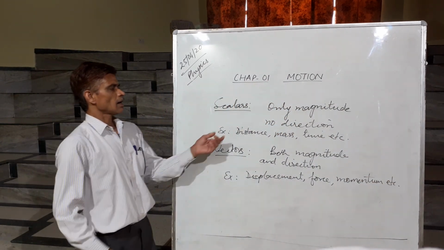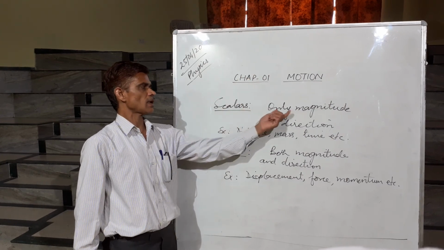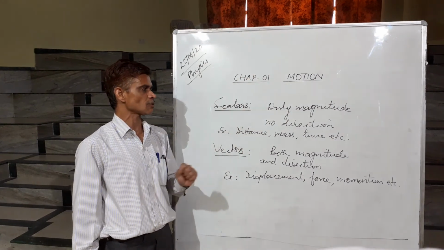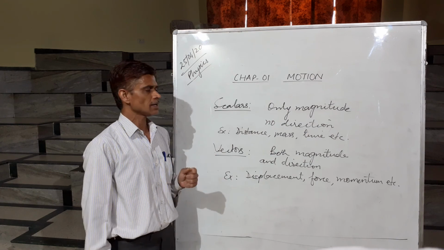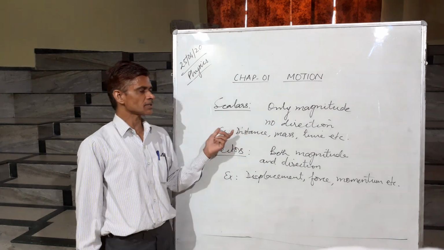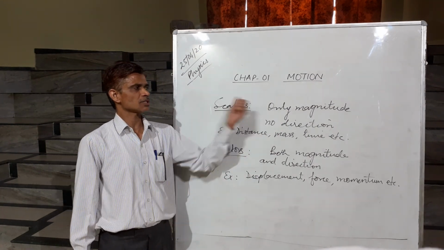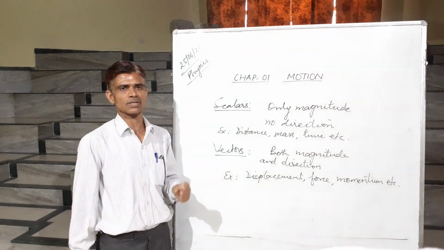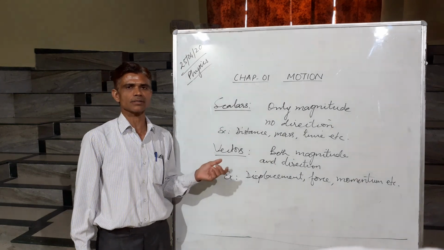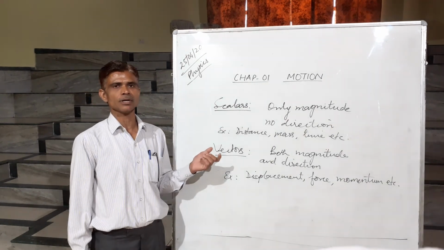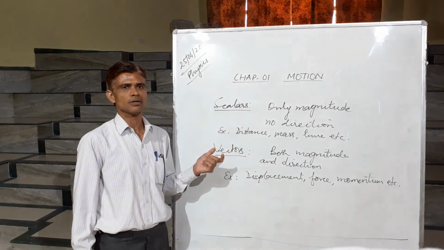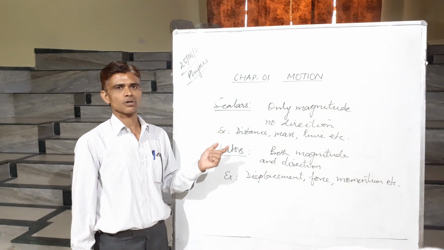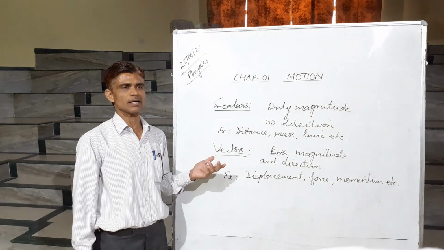Now, as you see, a scalar quantity requires only magnitude, no direction. If we attach the direction along with the magnitude, the quantity becomes meaningless. For example, if you go to a grocery shop and ask the shopkeeper to give me 5 kg sugar towards east, what will he understand?